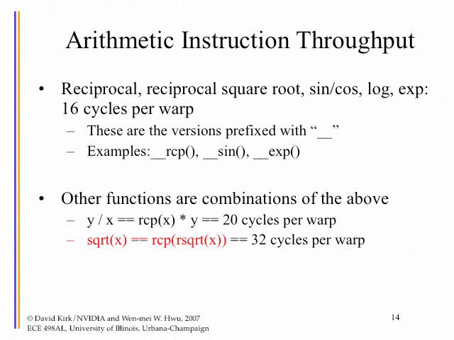There are a bunch of things that run reasonably fast on this machine. Reciprocal, square root, sine, cosine, log, exponent, they all take only 16 cycles per warp. Okay? And these are actually executed in hardware, special hardware function units. And you want to use __rcp, which is reciprocal, or __sin.